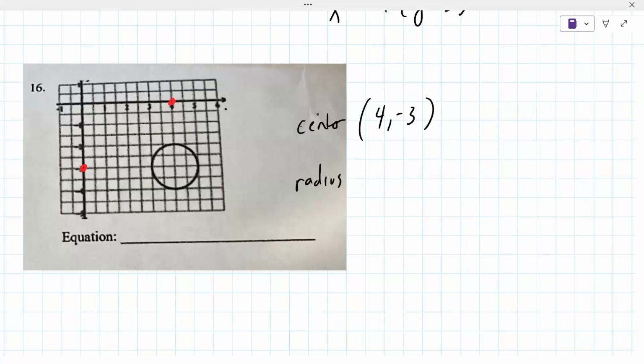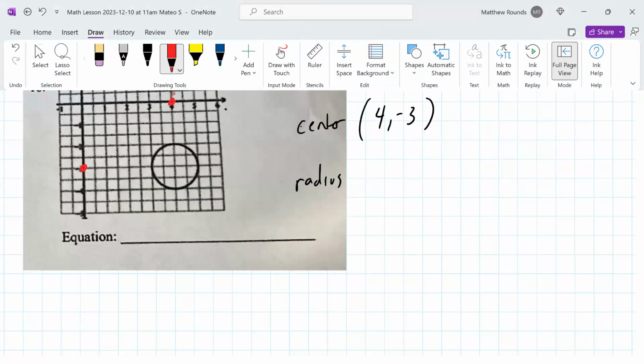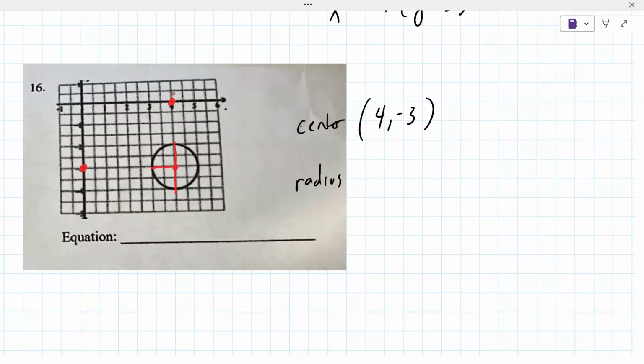And then the radius, the distance out from the center to the top point, the left, the right, the bottom. Two. Okay. So it's the same thing. Give me the equation here.